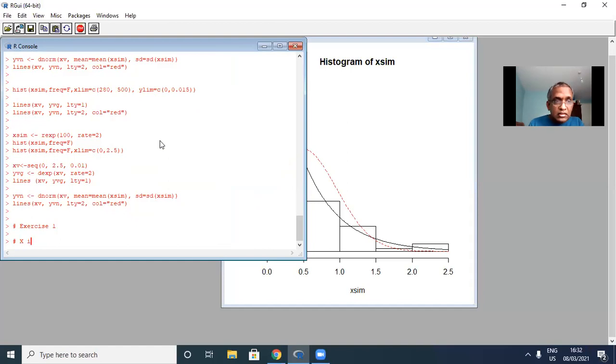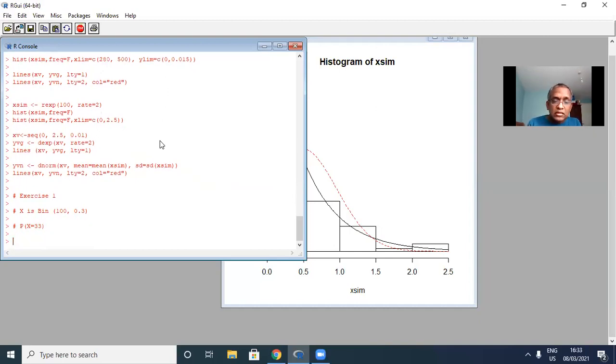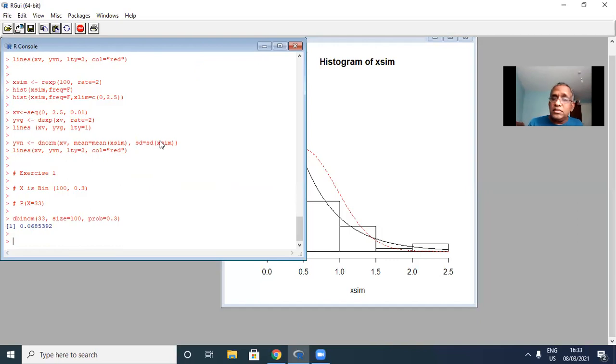This x is binomial with parameters 100 and 0.3. That we are given, and the first part is to find the probability that x is equal to 33. So to find this, we just use the dbinom command at 33 with size equal to 100 and probability equal to 0.3. So that's the answer to the first part.